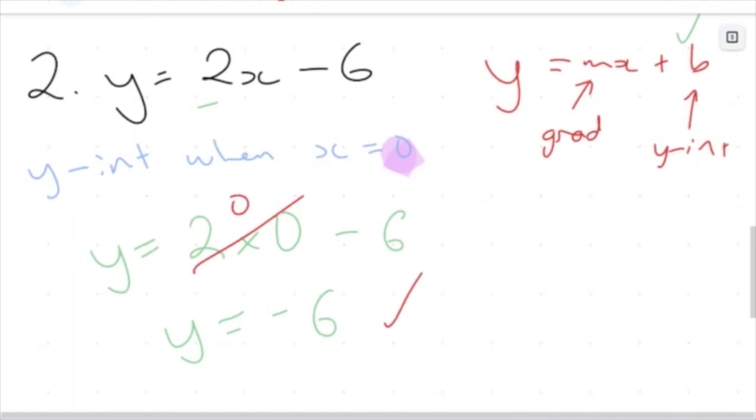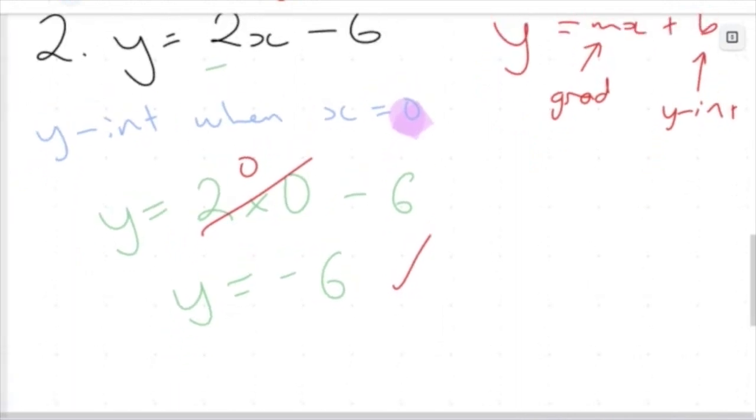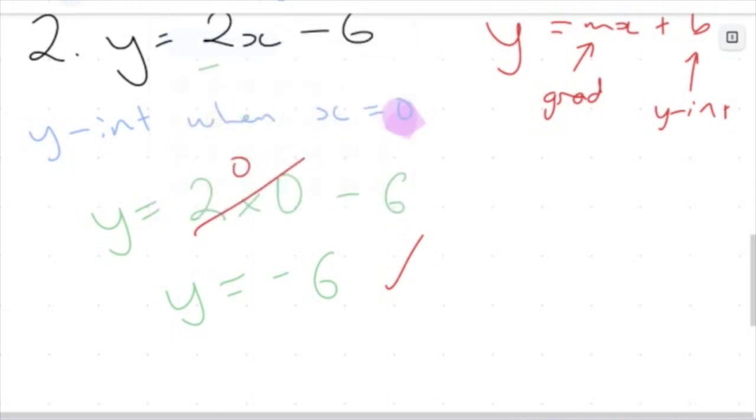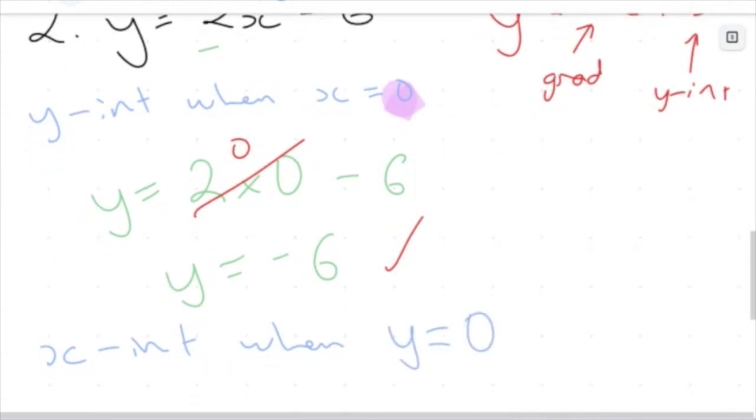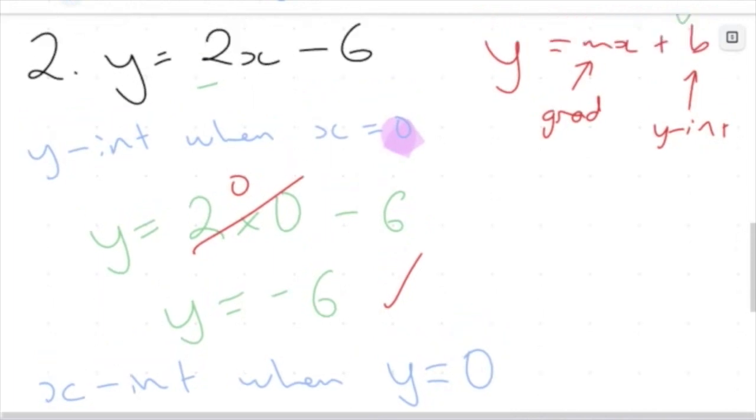Now let's just try to find the x-intercept here, which once again we can find by setting y to equal 0. So doing that, instead now, I'm putting 0 over here in my equation.